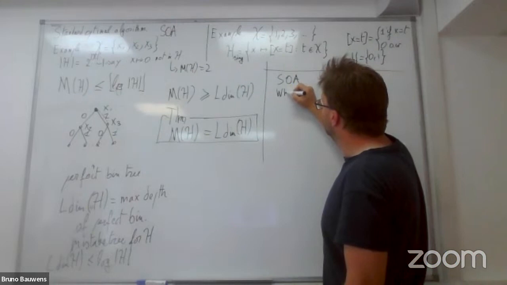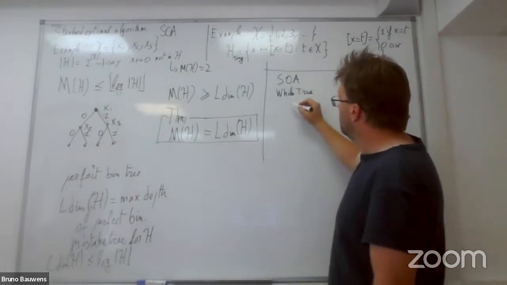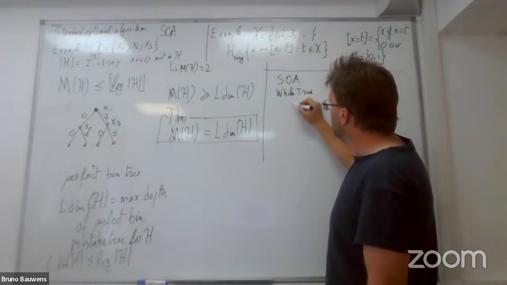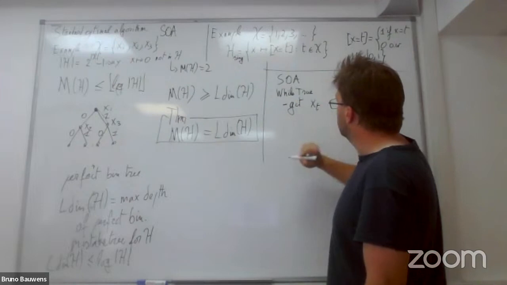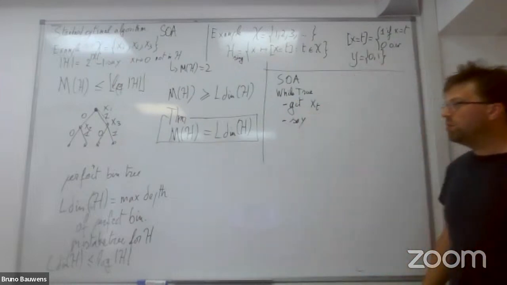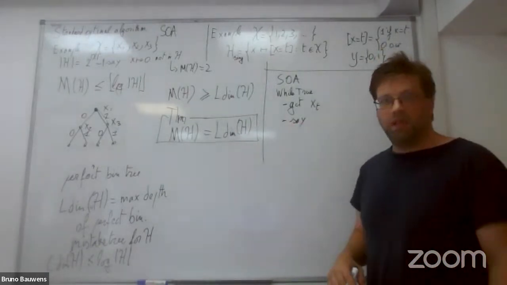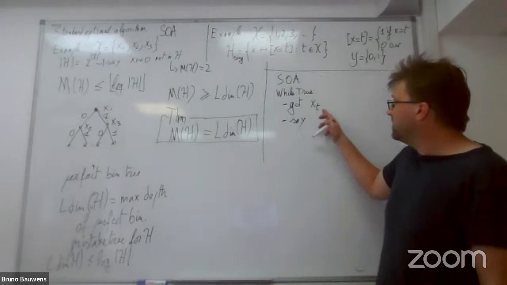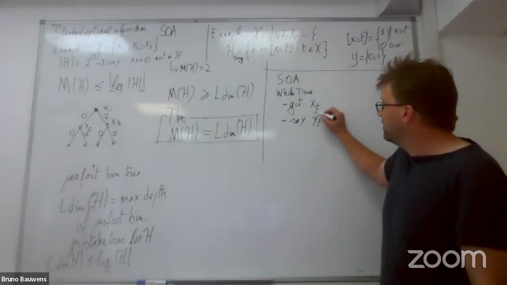So, while true, get XT. So what is the idea of the algorithm? The algorithm receives an input, and now it must predict a label YT hat.